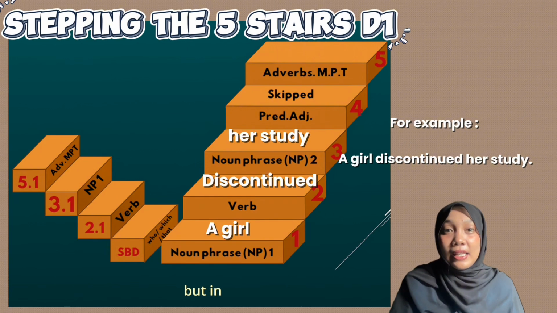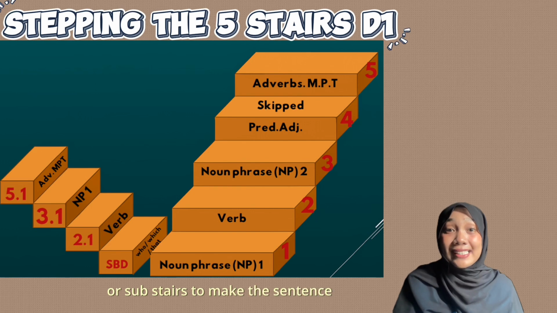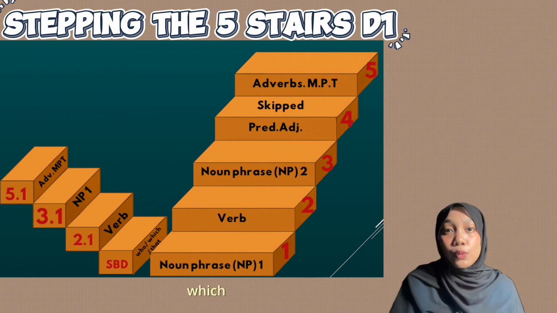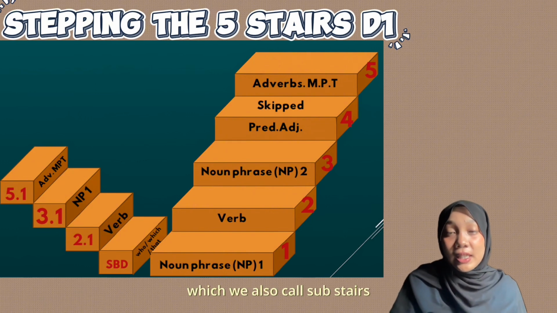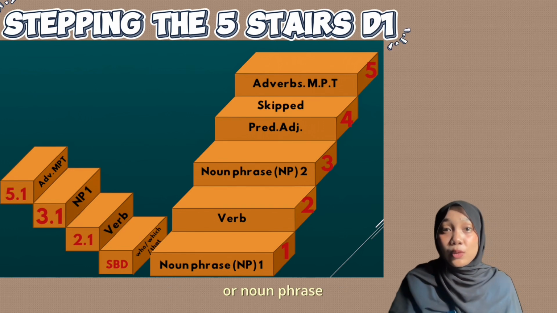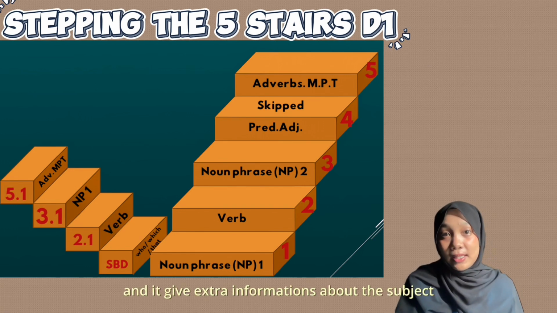But in the 5 stairs D1, we add a subordinate clause or substairs to make the sentence more informative. We can add a subordinate clause, which we also call substairs. This part is placed right after NP1 or noun phrase 1, and it gives extra information about the subject.